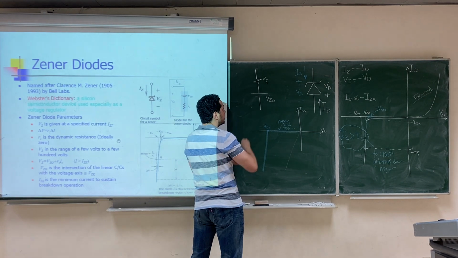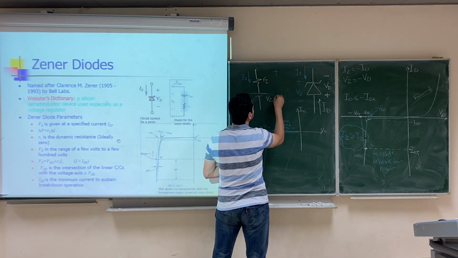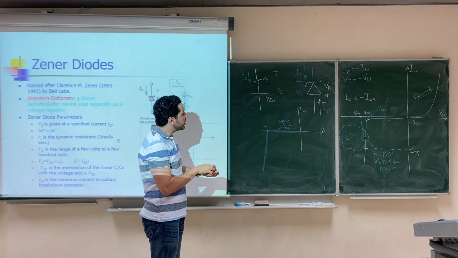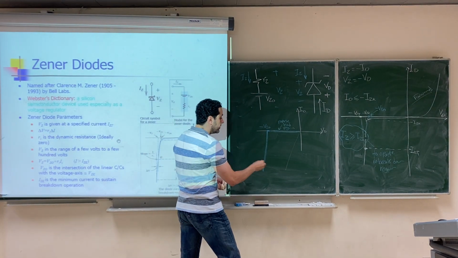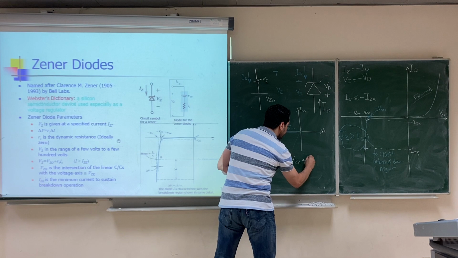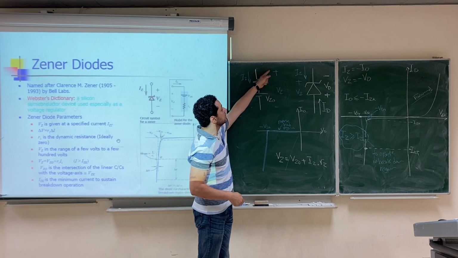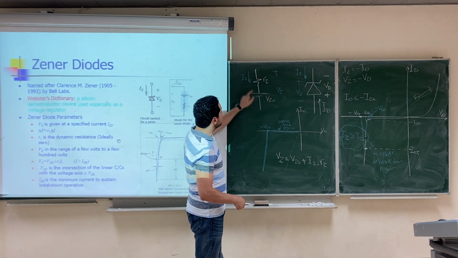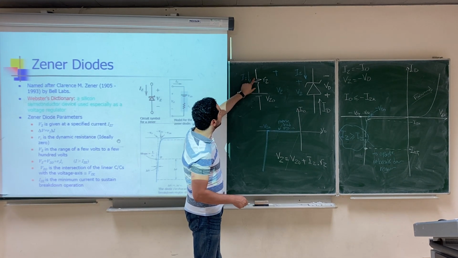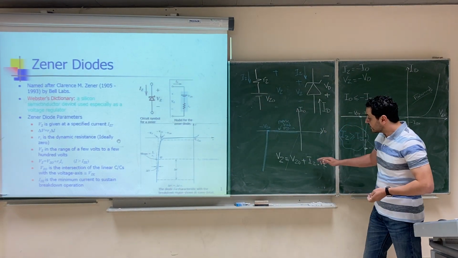The current I Zener will be going in this direction and V Zener will be the voltage here, and the relation between V Zener and I Zener would be V Zener equals VZO plus I Zener R Zener. If you look at the model, V Zener, the voltage across the diode, equals the voltage here plus the voltage here. The voltage here is VZO plus the voltage drop across the resistance, which is I Zener R Zener. So this is an important relation.